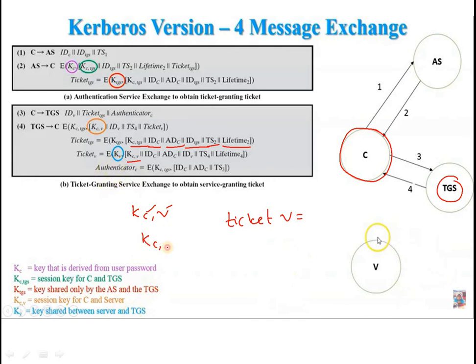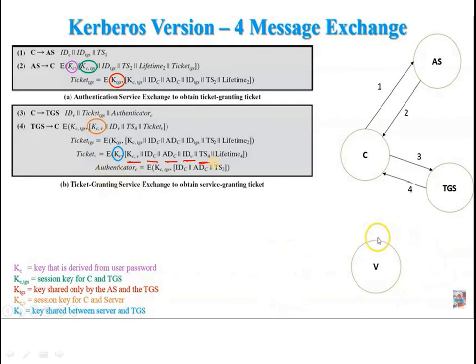One is KC,TGS, the session key for client and TGS, and KCV is the session key for client and server. Along with that, it contains IDC, the identifier of the client, the network address of the client, the ID of the server, TS4, that is timestamp 4, and lifetime 4.